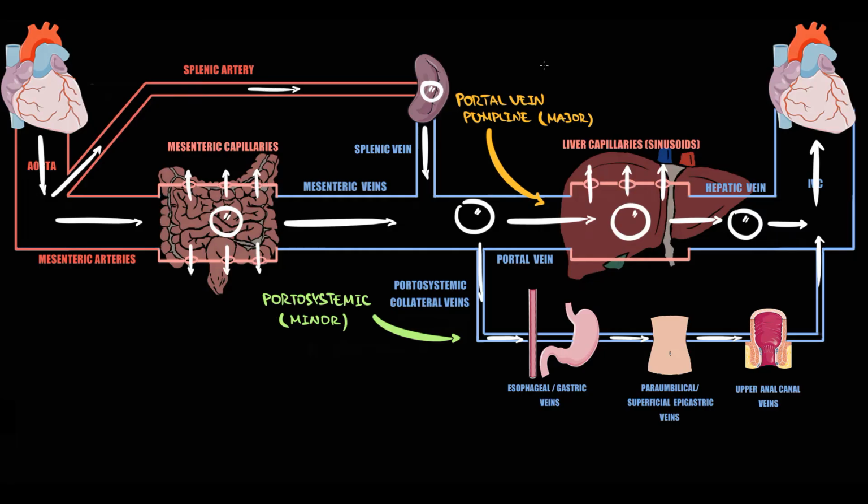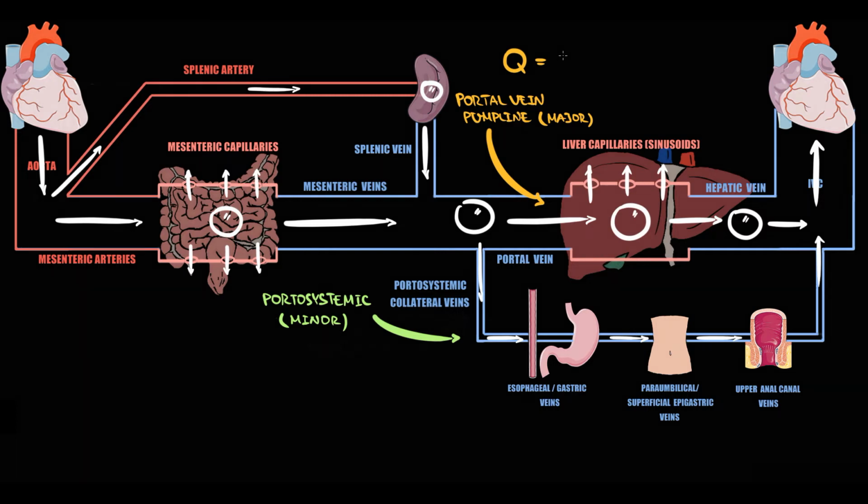To explain this, we have to recall that blood flow in the cardiovascular system is equal to the pressure difference divided by resistance. So in this case, both the portal vein pipeline and portosystemic collateral vessels deliver blood from the portal vein to the inferior vena cava. As you know, all roads lead to Rome. So the pressure difference will be the same, and in both cases will be equal to the hydrostatic pressure inside the portal vein minus the hydrostatic pressure inside the inferior vena cava.